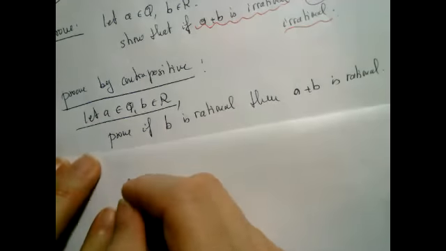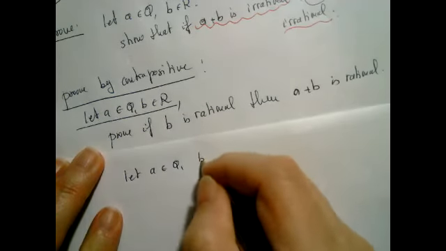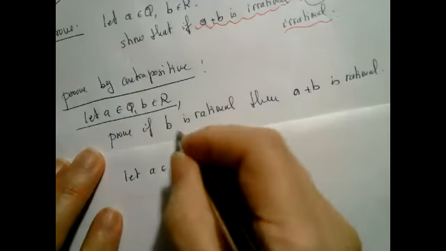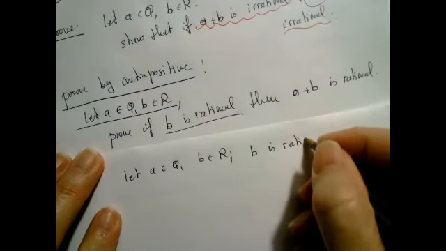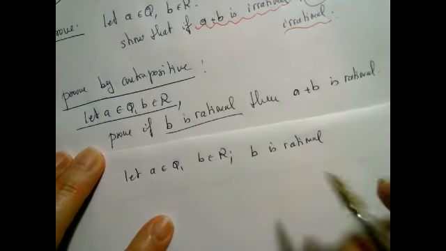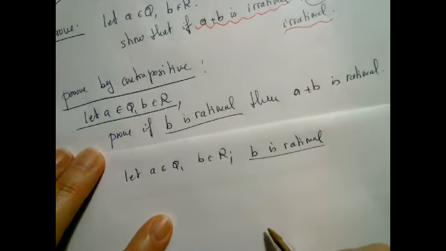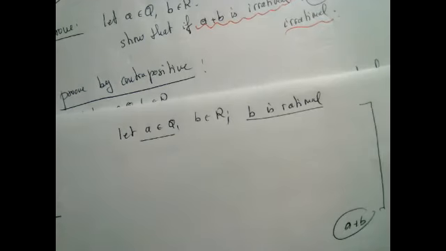Let A in Q, so A is rational, and B in R, such that B is also rational. As your classmate is trying to tell us, I removed the condition that B is irrational. So my B now is rational and my A is rational. And my goal is the sum. I never lose track of where I'm heading.